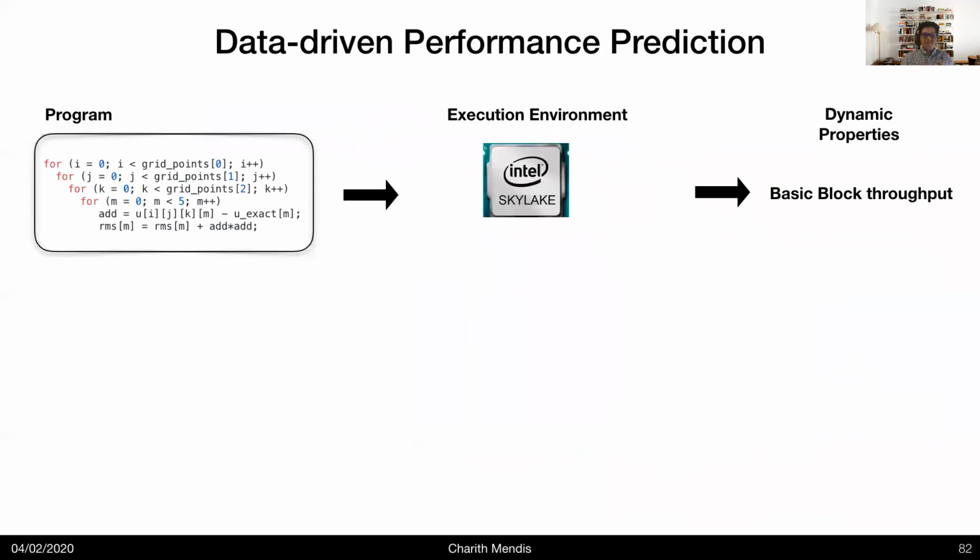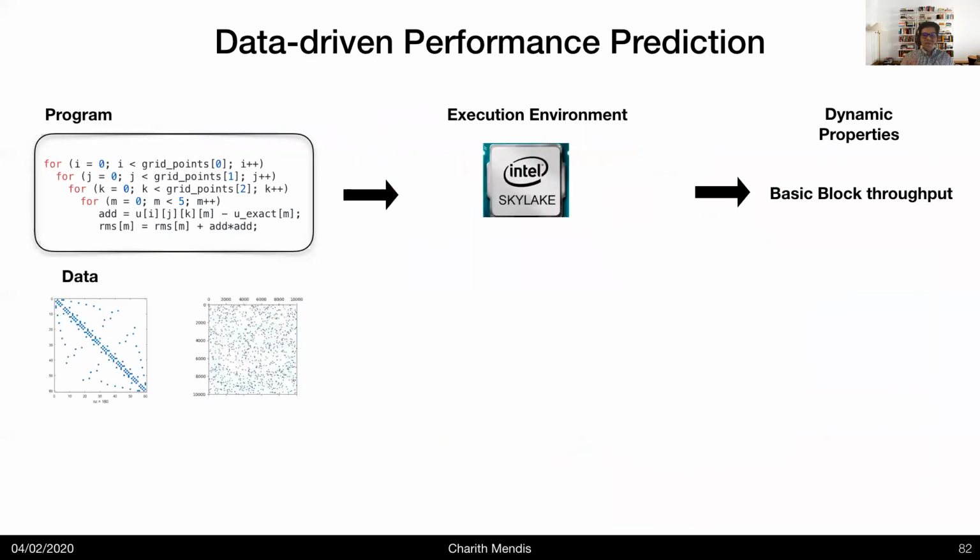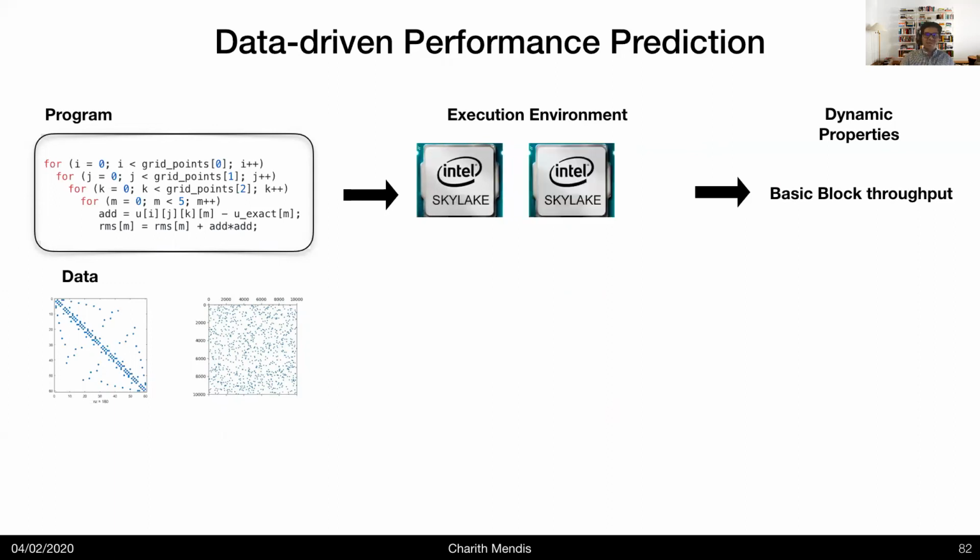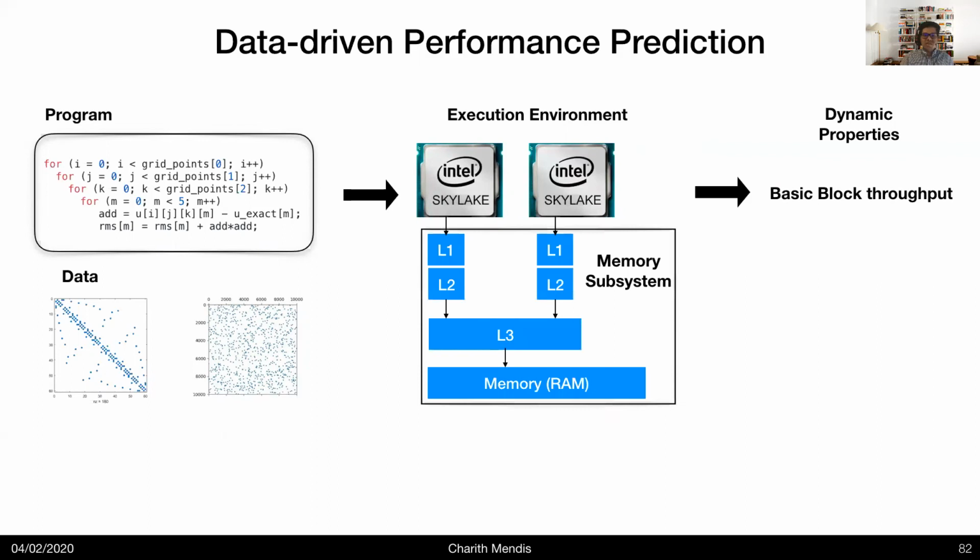So far, I have predicted basic block throughput on a given microarchitecture. To make better optimization decisions, we need to build better performance models, which can now take into account both data as well as the program, as well as complex execution environments like multi-core processing with complex hierarchical memory systems.